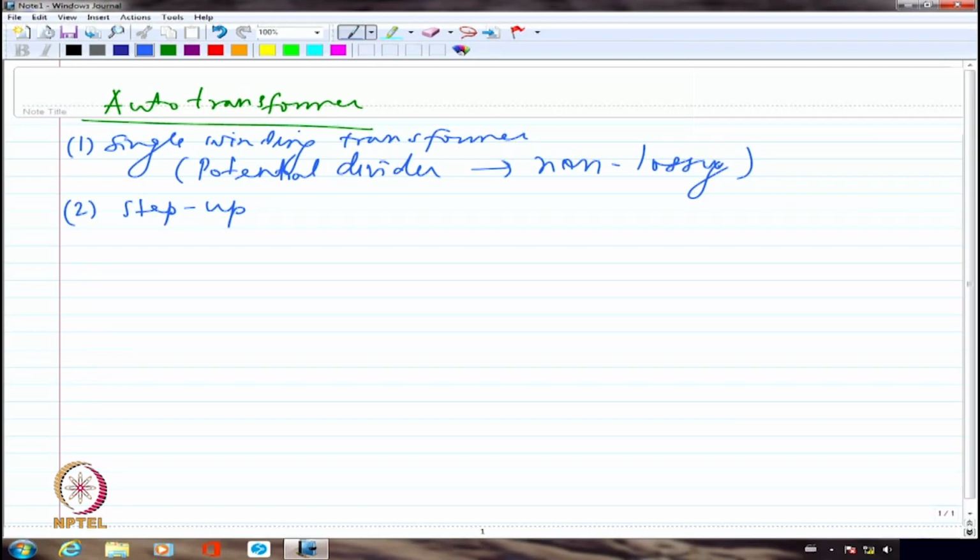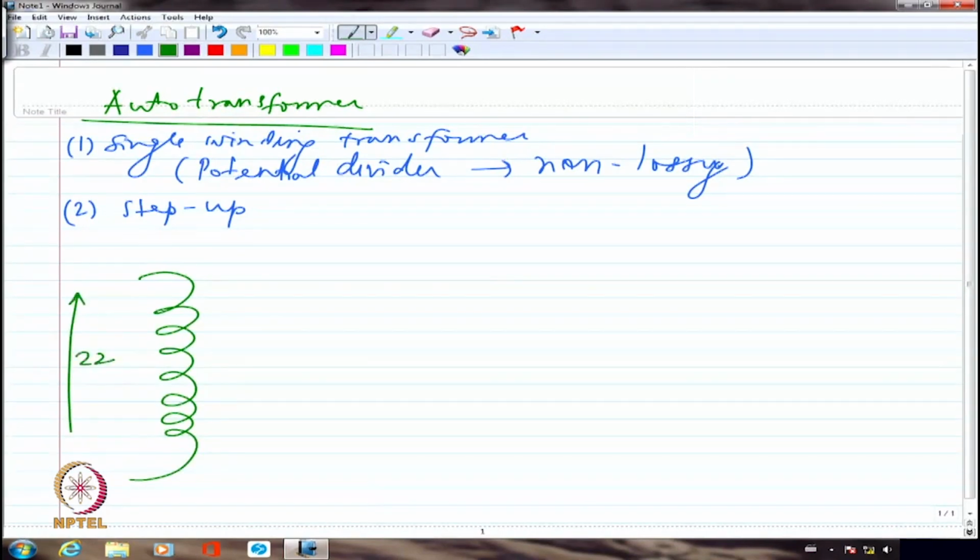So let us say this is my auto transformer, which is a single winding transformer, and let's say I am applying 220 volts AC single phase here. Right? What I want is probably 210 volts. Then I may leave out only a few turns on the primary side. The secondary side will consist of a little fewer turns as compared to the primary side.